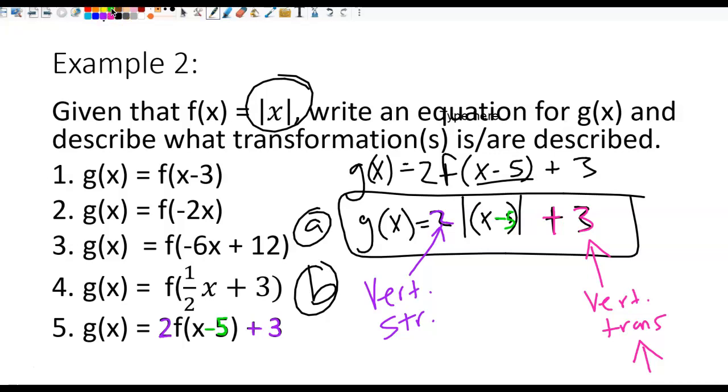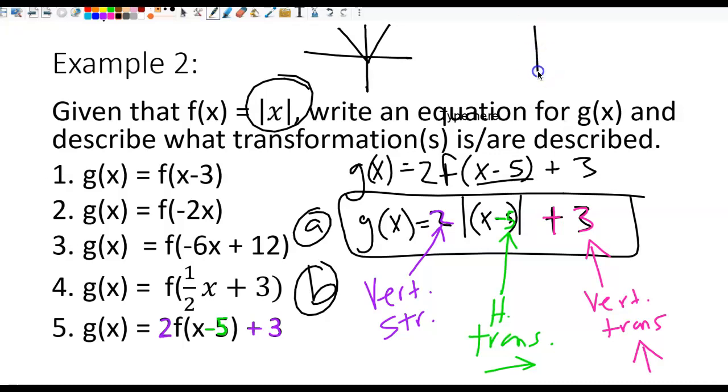And then finally, when you subtract the number inside the parentheses, that would be a horizontal translation to the right. So just to give you a picture to visualize what's happening here, if this is what f of x looks like, the absolute value of x, then with this particular transformation, it's being stretched vertically, and it's being shifted to the right and up.